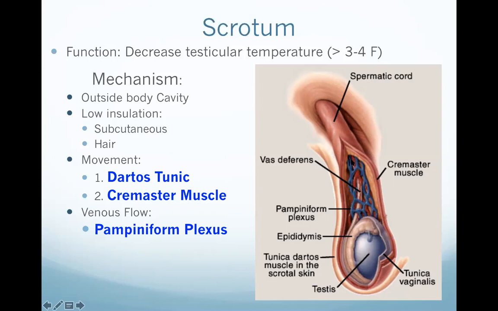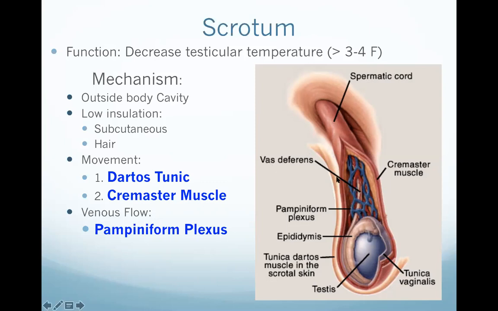That means that the incoming arterial blood into the testis will get cooled. So as that testicular blood coming in through the testicular artery travels around the testis, it's now going to be cool by the time it gets to it. So this network of venous return is actually called the pampiniform plexus. Pampiniform plexus means that you have these little tiny filaments of blood vessels.